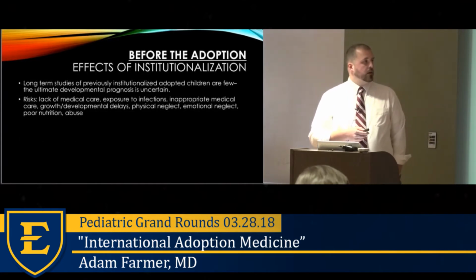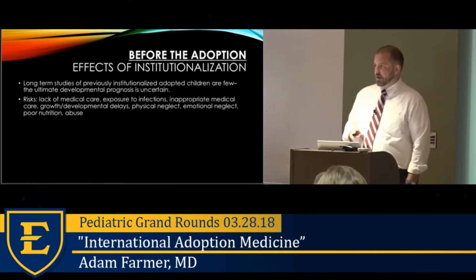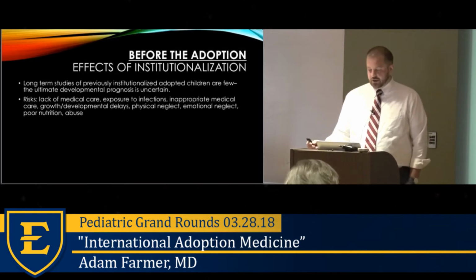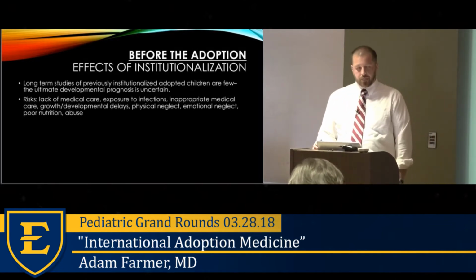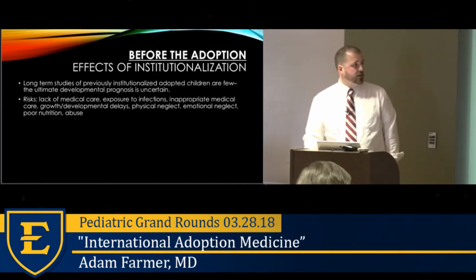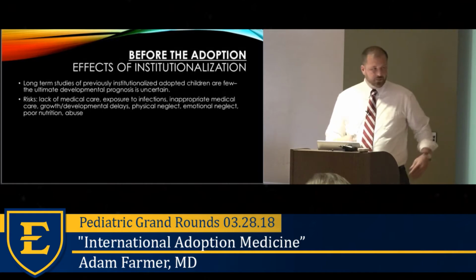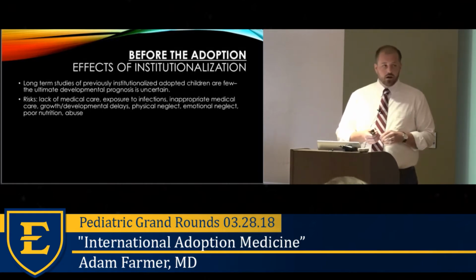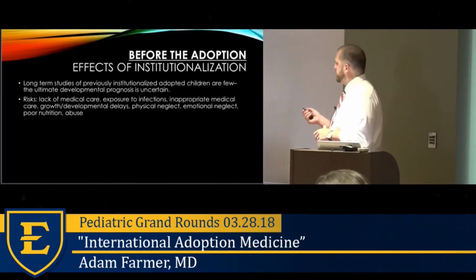So let's talk a little bit about before adoption, things that you need to be aware of. Again, lots of these children have been institutionalized in overcrowded orphanages and things like that. Unfortunately, long-term studies of these kids are fairly lacking. Ultimate development is pretty uncertain. There are lots of risks associated with being in a crowded orphanage.